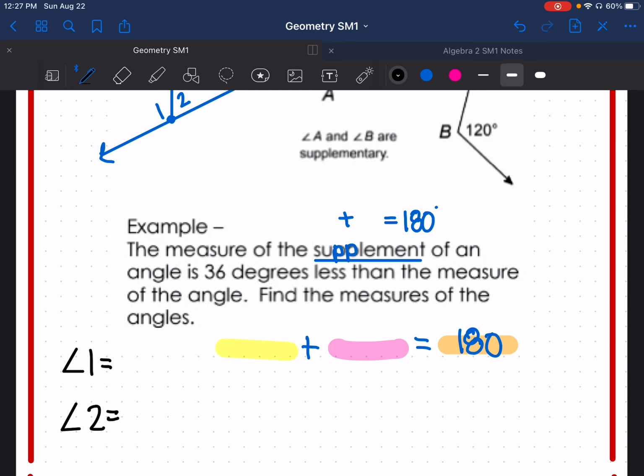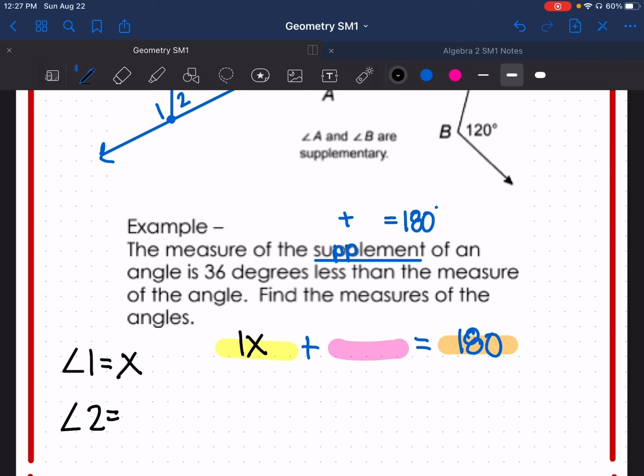I'm always going to call angle 1 in this situation X, because one of the angles, they're going to tell me nothing about it, but they're going to compare the other angle to it. So I can always call angle 1 X. Remember, there's an invisible 1 with it, so I'm going to go ahead and add that to it.